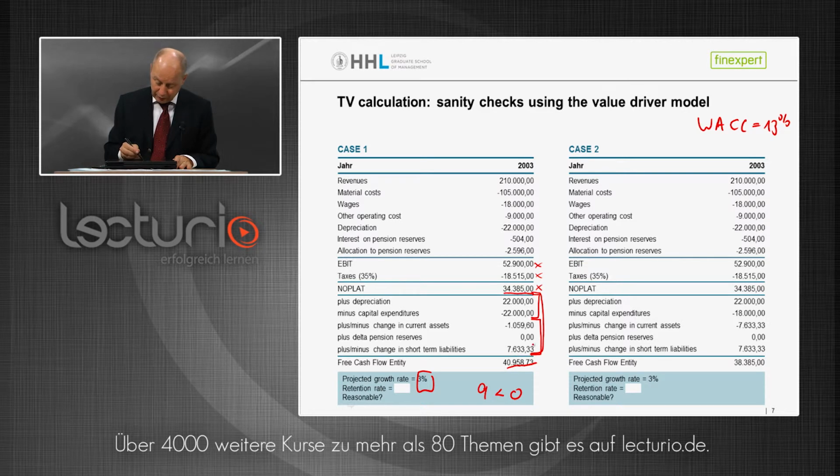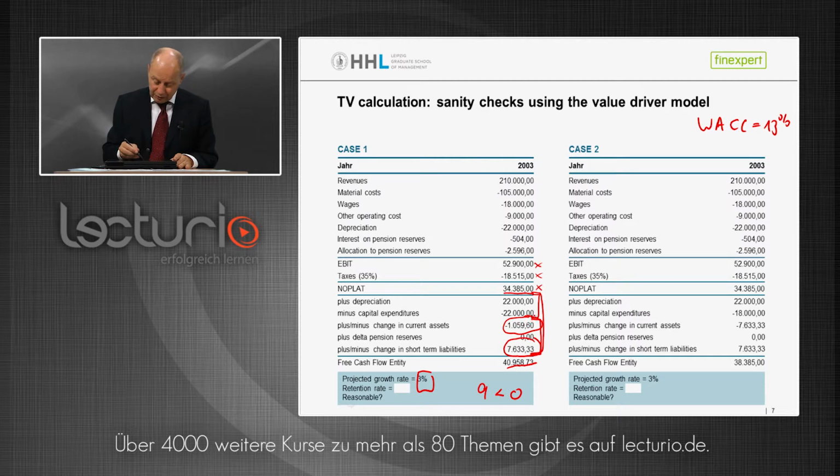So you see that here. We find obviously suppliers, for instance, or customers providing us with 7.6 million euro, whereas we just need 1 million to cover the increase in our current assets. And this may happen once, but obviously it is not reasonable to assume that this is happening every year from now to infinity.